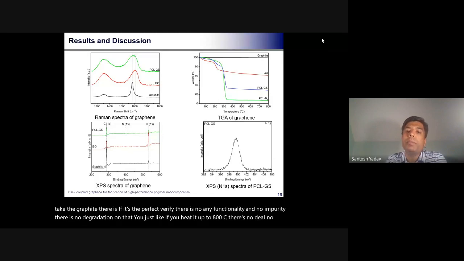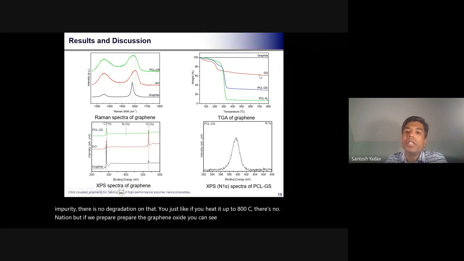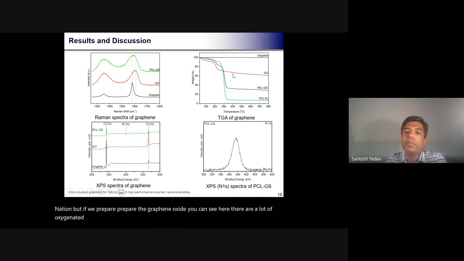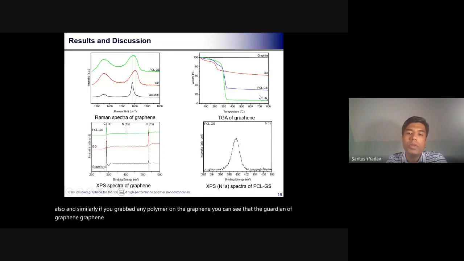But if we prepare the graphene oxide, you can see there are a lot of oxygenated groups on the surface, and when you heat it up, you can see degradation. Similarly, if you graft any polymer on the graphene, you can see the degradation of graphene and that polymer also.